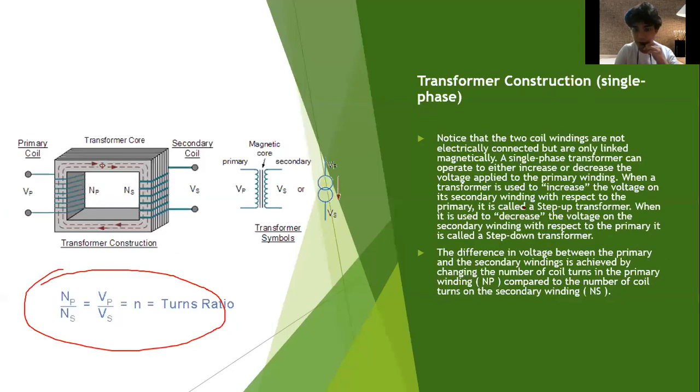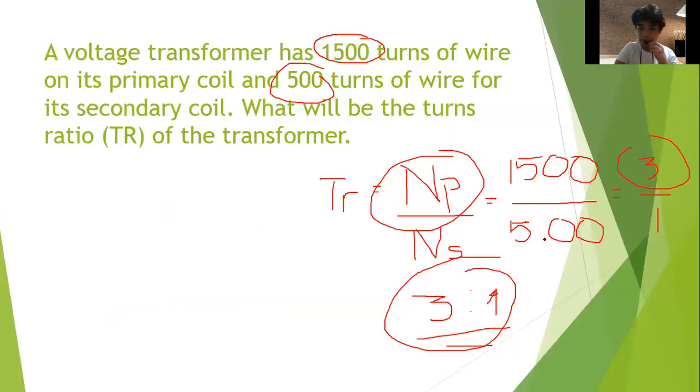Earlier, we had this, and since we obtained 3 is to 1, this single phase transformer is called a step-down transformer, as the value shown.